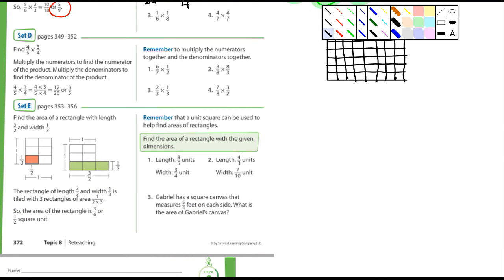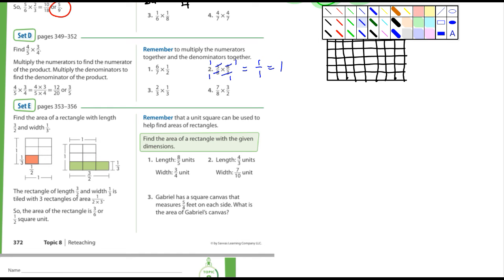Let's see here. Set D, you're just multiplying fractions together. I see some cross-canceling that can take place. I'm going to look at number 2 here, for example. Number 2, 3 goes into 3 once, 3 goes into 3 once. 8 goes into 8 once, 8 goes into 8 once. What do we got here? 1 over 1. That's the same as 1. And I don't recall them going over that.